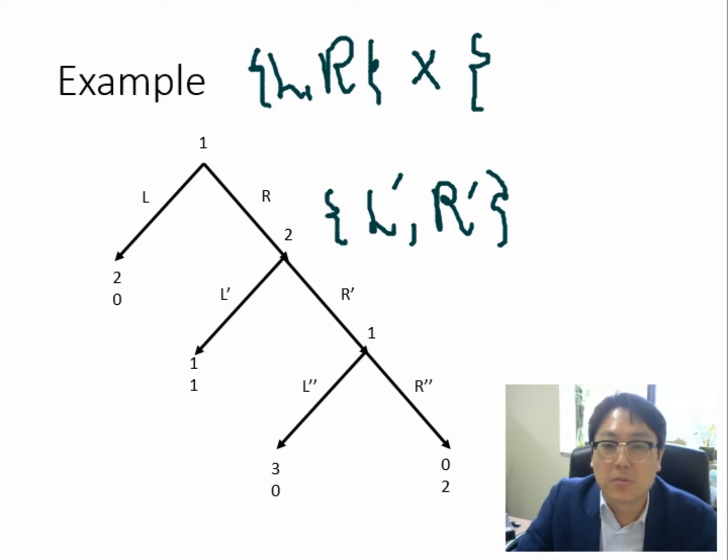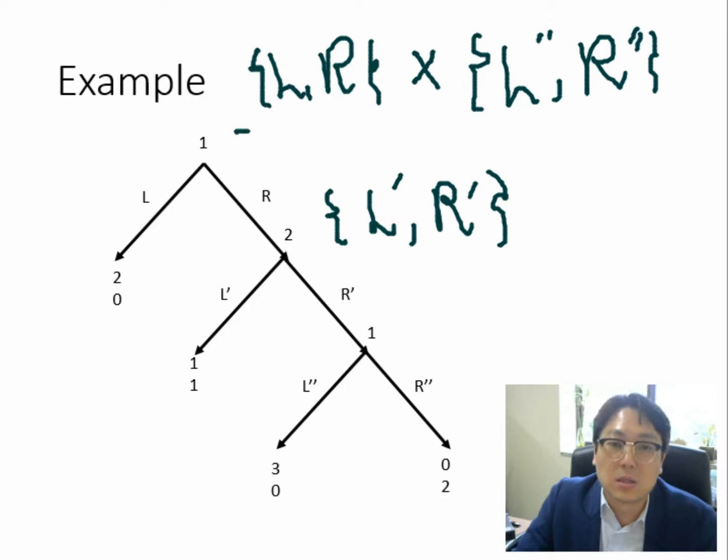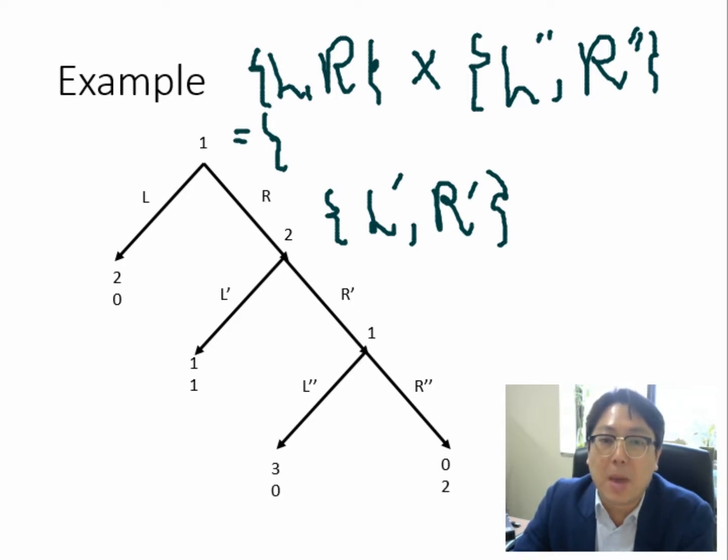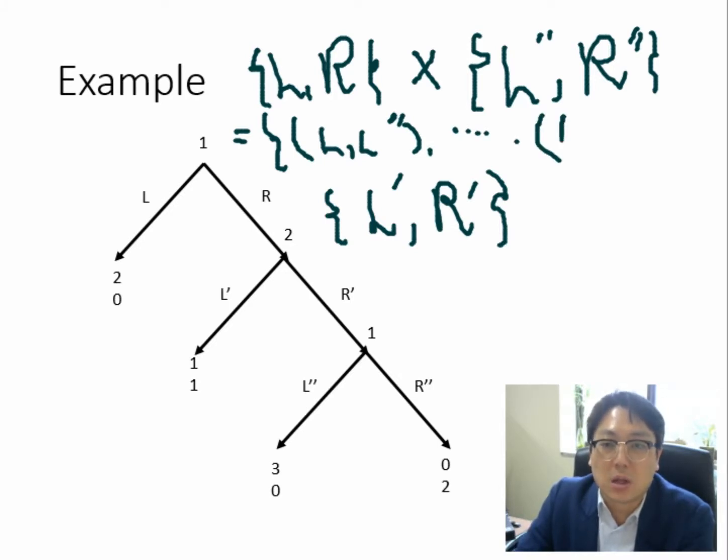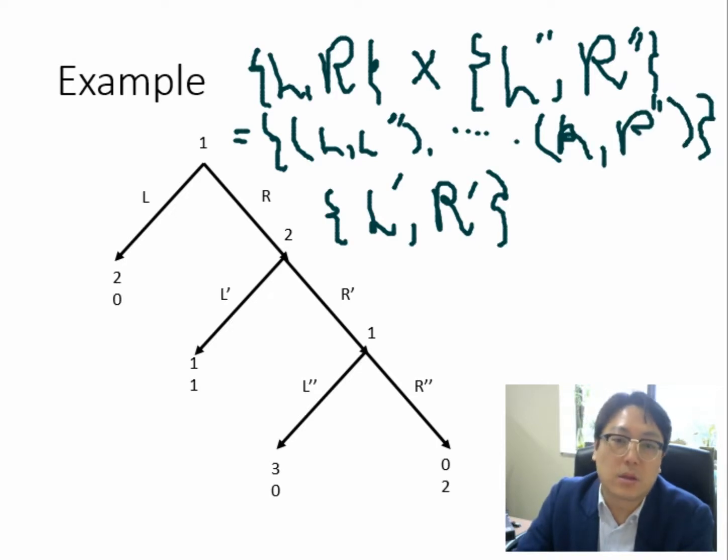Here, the first player will choose L prime or R prime, and this is the same as this. The Cartesian product is picking up one member from each set. So L and L double prime, comma, there are 4 other strategies there, and here R and R double prime. So there are 4 members, and this is the first player's strategy set.